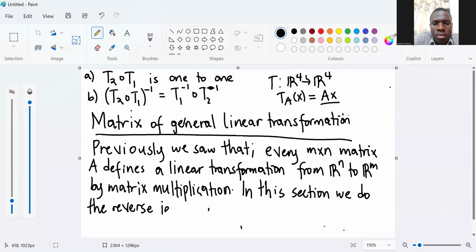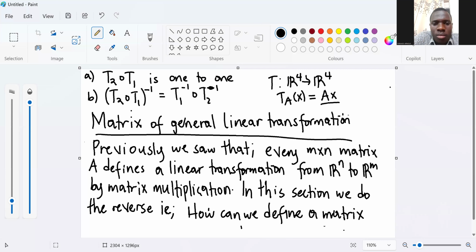That is to say, how can we define a matrix given a linear transformation?